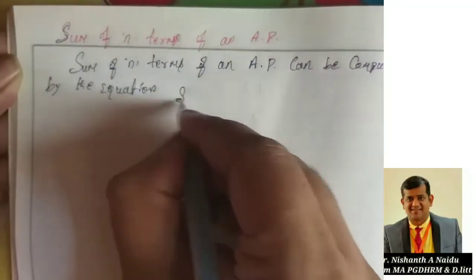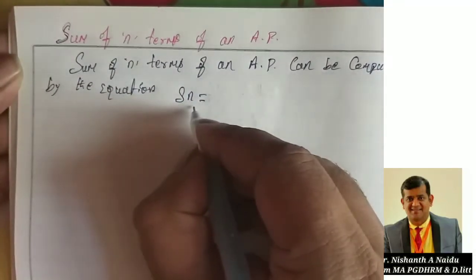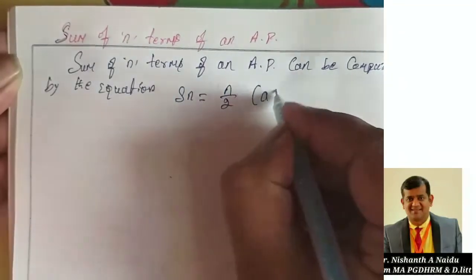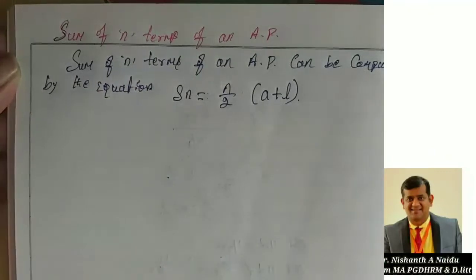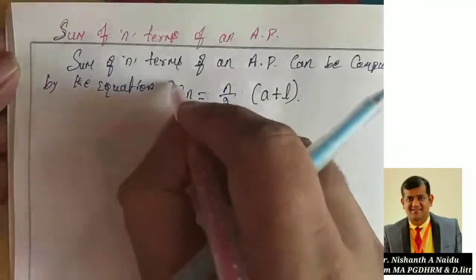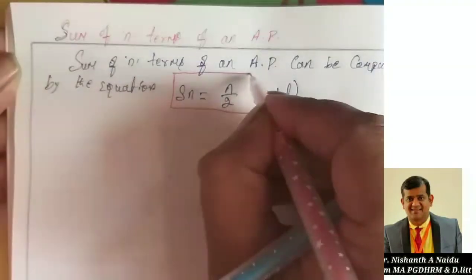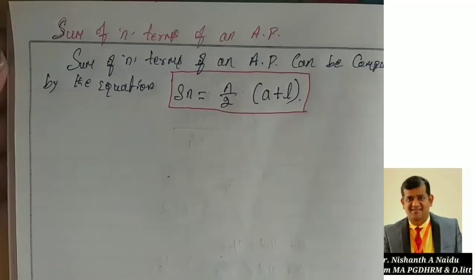Sn, the sum of the nth term, equals n divided by 2 into a plus l. Okay, so this is the equation which you need to remember. So this is going to be a new formula when you are finding the sum of nth term.